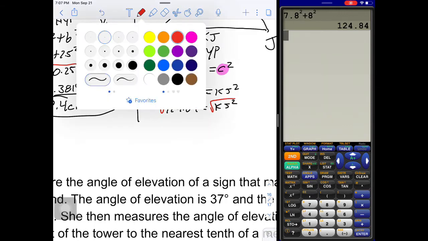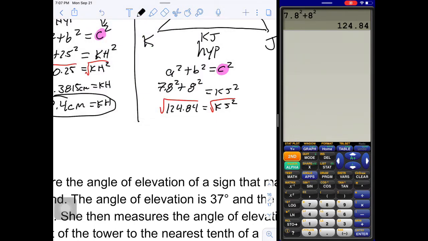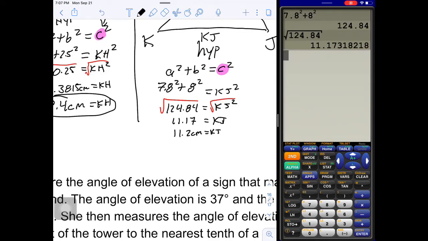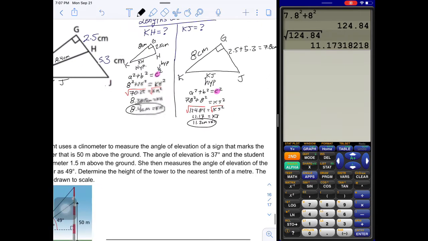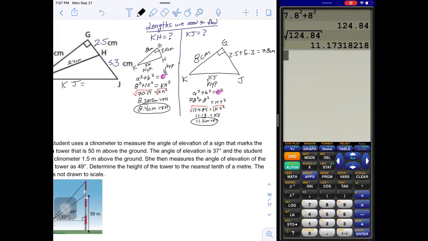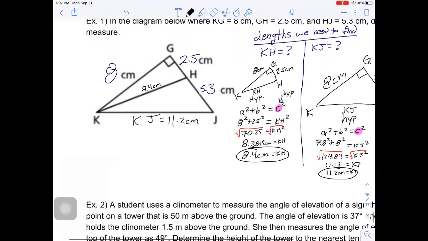So this will give me the square root of 124.84. K to J equals 11.17, and I'm going to round it to 1 decimal place. So now we found the other side length. I can write that over here, 11.2 centimeters. Awesome. So now we found all of the side lengths.